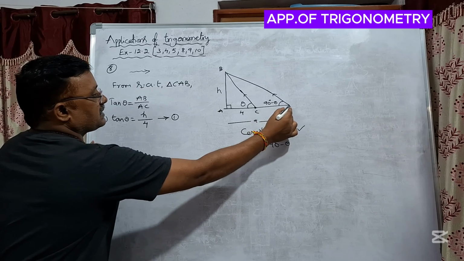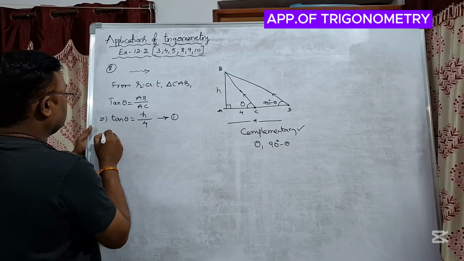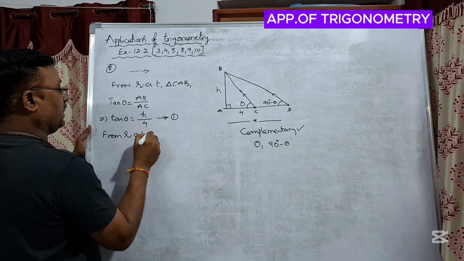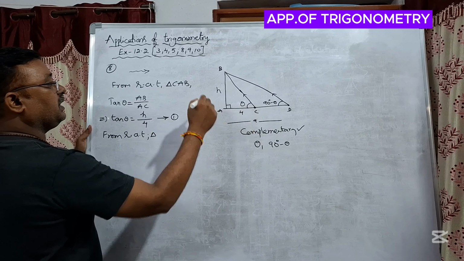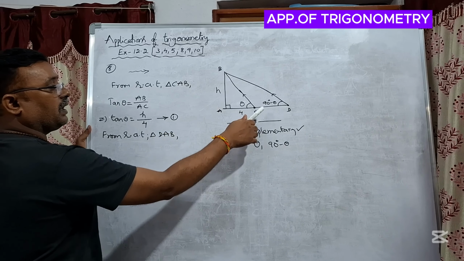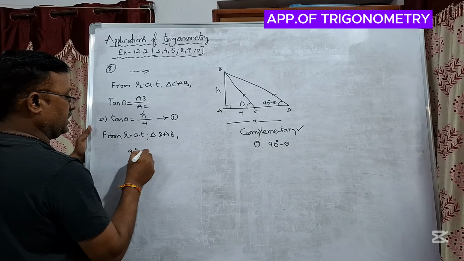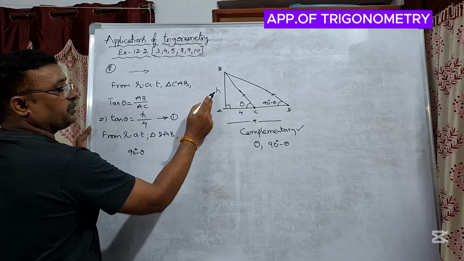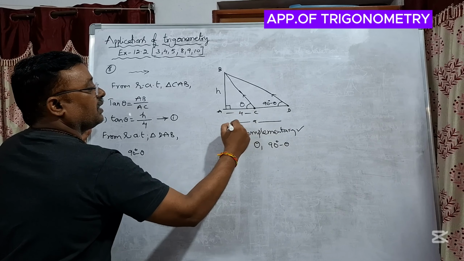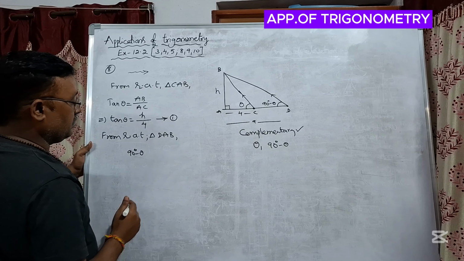Now go for the second right angle triangle related to the second angle. That is, from right angle triangle DAB, I have angle 90 degrees minus theta, its opposite side as H, its adjacent side as 9. Second observer point is 9 meters from the tower.